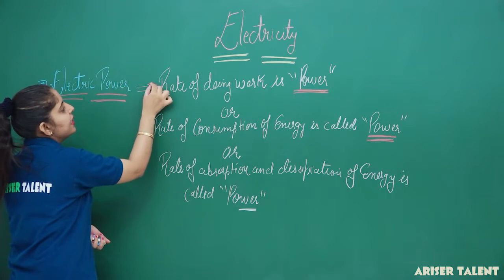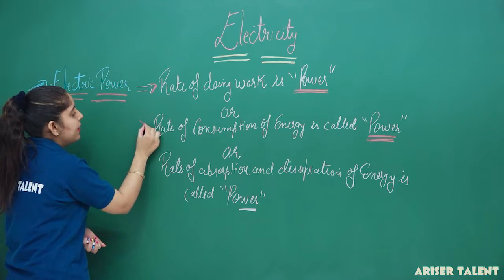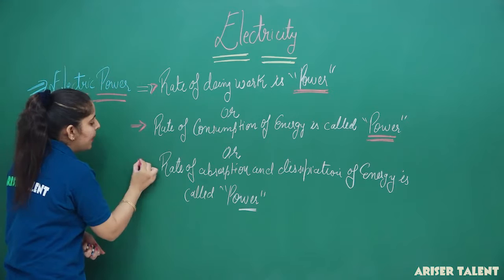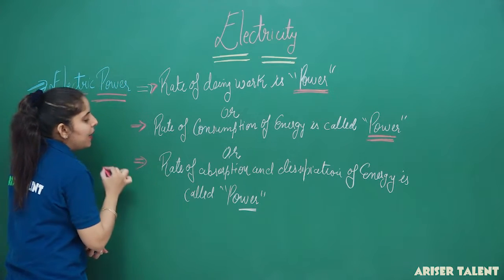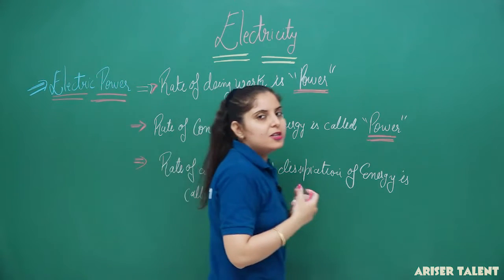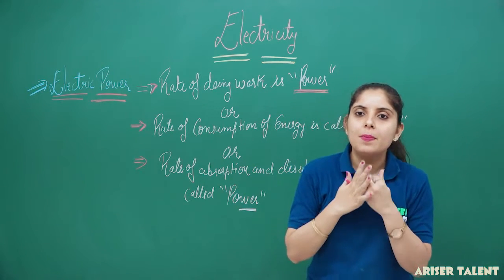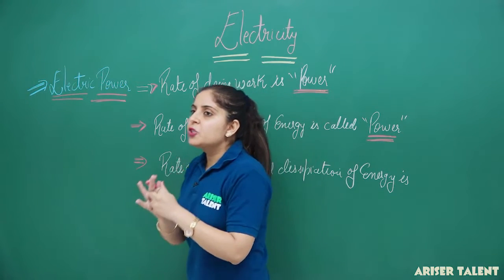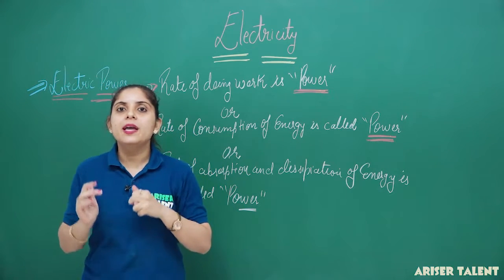So you can see that we are getting three definitions of power here. The first one is rate of doing work is called power, rate of consumption of energy is called power, and the third is the rate of absorption or dissipation of energy in the form of heat is known as power. Now, this power is actually the work done per unit time.